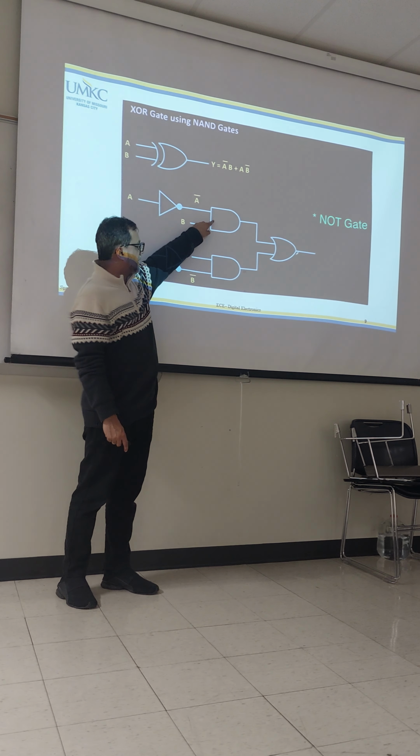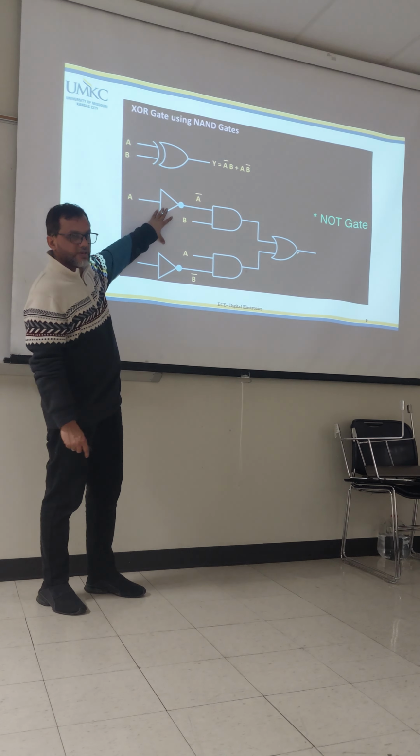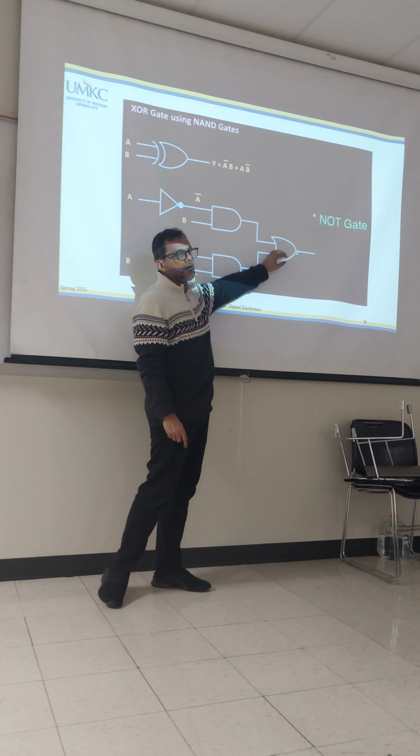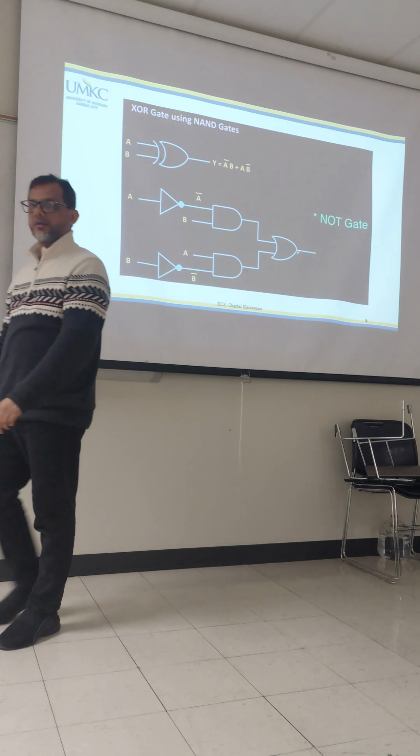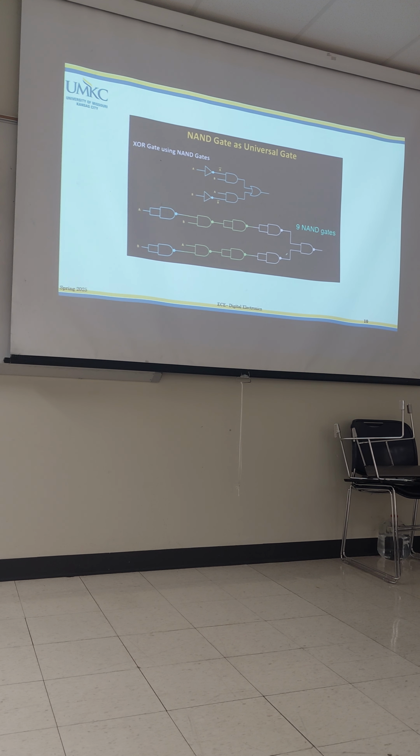So 2 NAND gates here, 2 NAND gates here. 2 plus 2, 4. 4 plus 2, 6. And to implement an OR gate, we need 3. So in total, 9 gates are required for XOR. But it is also possible to implement this using 5 NAND gates.